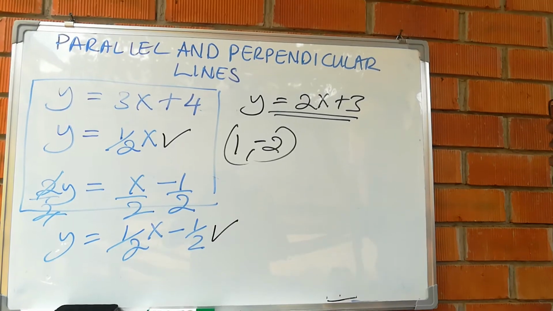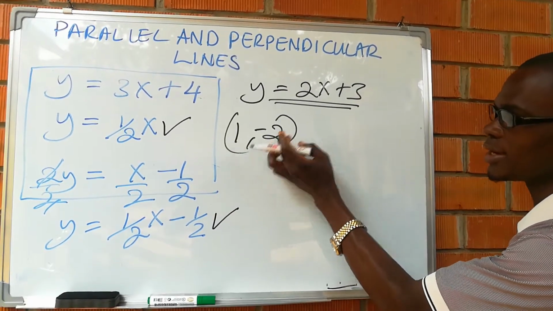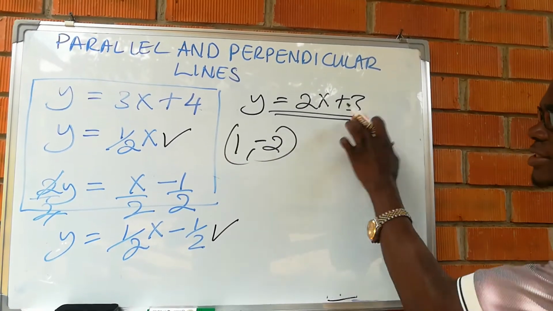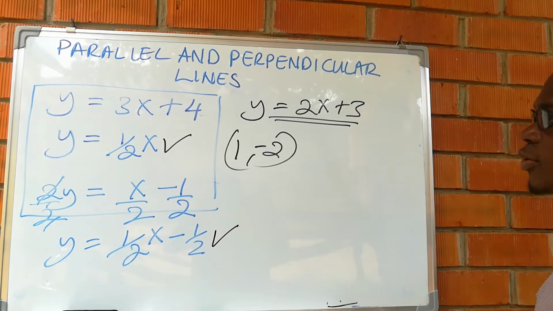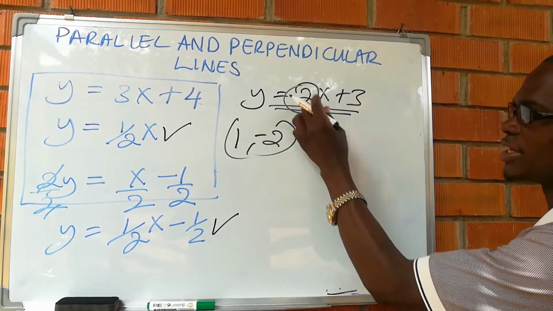They want us to find the equation of the line that passes through (1, -2) and perpendicular to this line with this equation. What we do, we determine the gradient of this, which is 2.